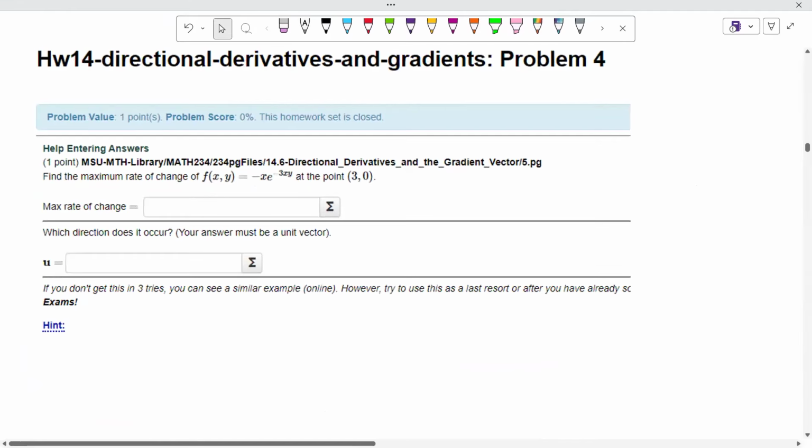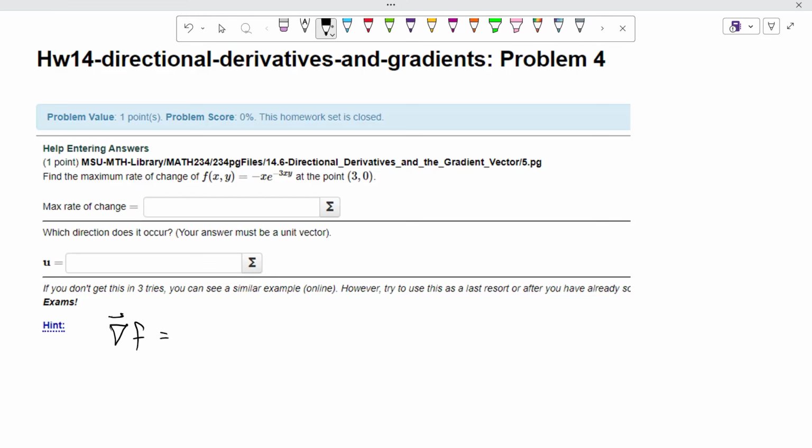Cool. Directional derivative. In case it's been a minute. We want to find the maximum rate of change of this function at the point (3, 0). Well, the maximum rate of change is always in the direction of the gradient. So let's go calculate a gradient.